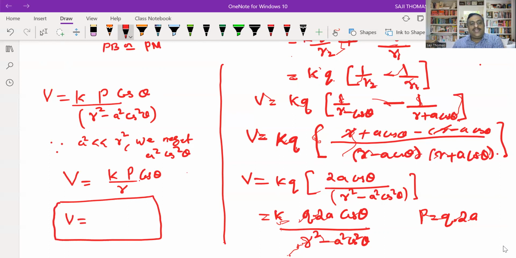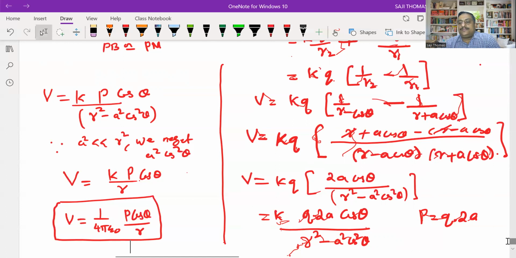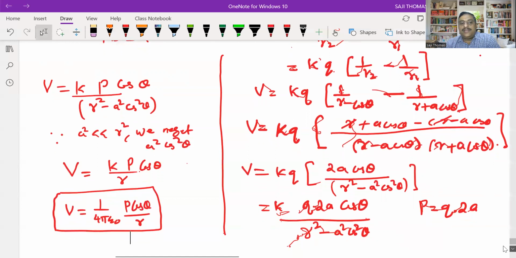So what is V? K, you know, 1 by 4 pi epsilon 0, P cos theta by R. So this is the equation for the electric potential at an arbitrary point for an electric dipole. V is equal to 1 by 4 pi epsilon 0 P cos theta by R. What is P? P is dipole moment.